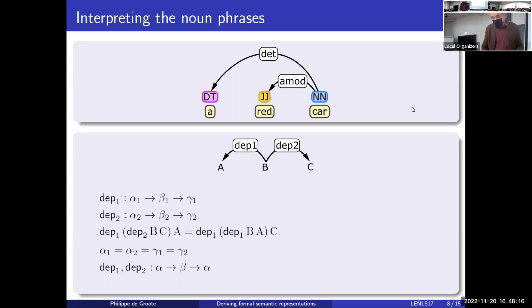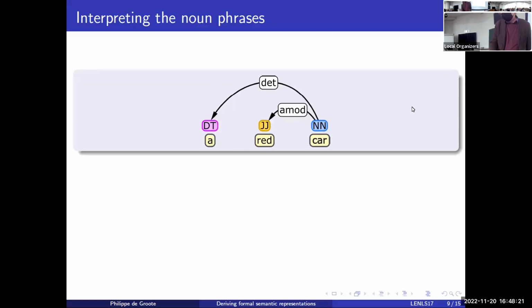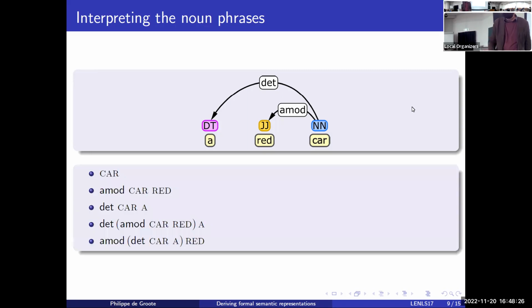In this case, because of the coherence requirement, it means that all those expressions could have the same type, which is not usual. Usually we say that maybe a red car is the same type as a car, but as soon as you have a determiner, then it's no longer the same type.